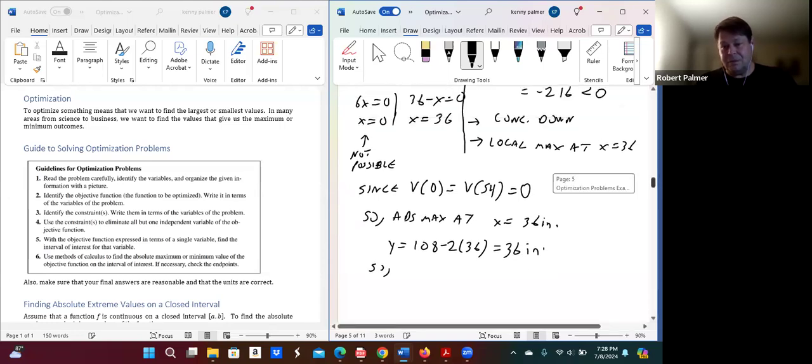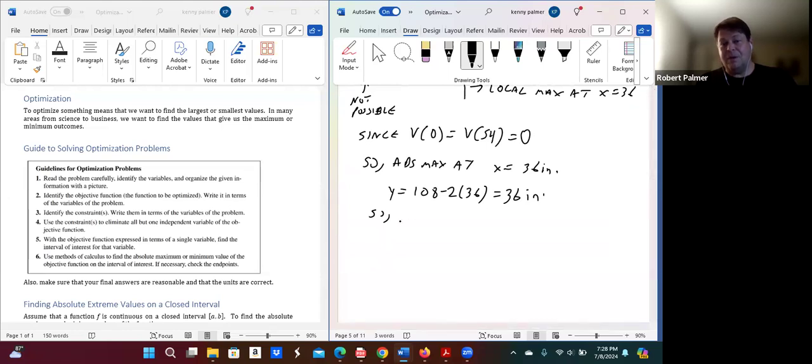Okay. And so, finally, what's our volume? It's going to be x squared times y, 36 inches squared times 36 inches, or 36 cubed.